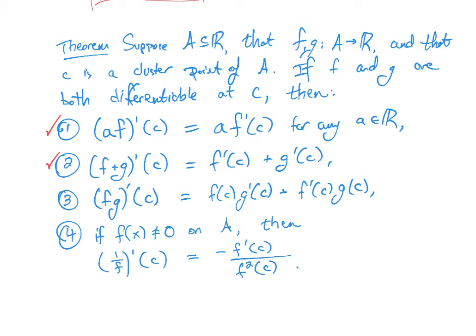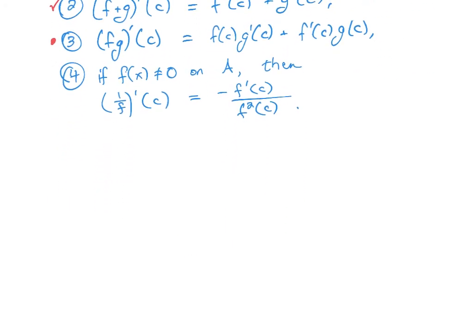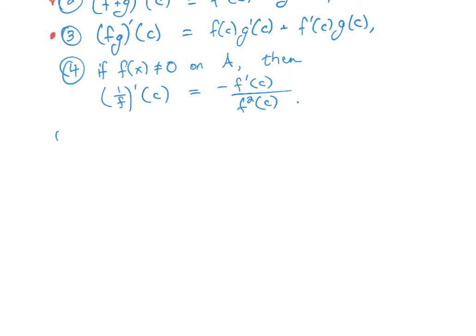The third and the fourth just require a little bit of clever algebra. So I'm going to show you the third, the product rule, and you'll get an idea for the algebra involved, and then you can look in the book for the reciprocal rule. So let's do this. Proof of product rule.